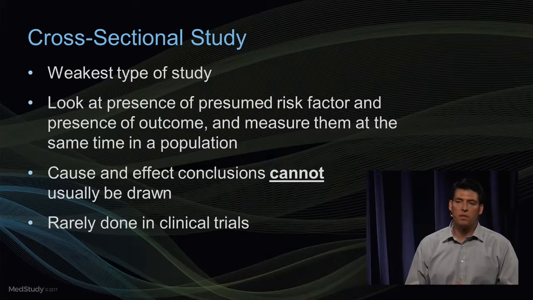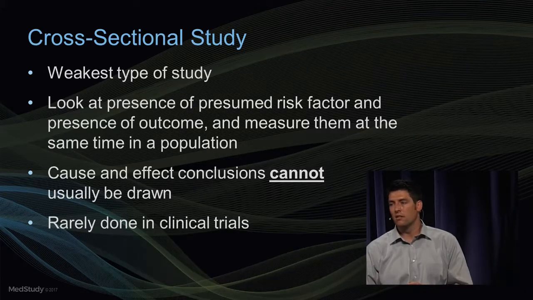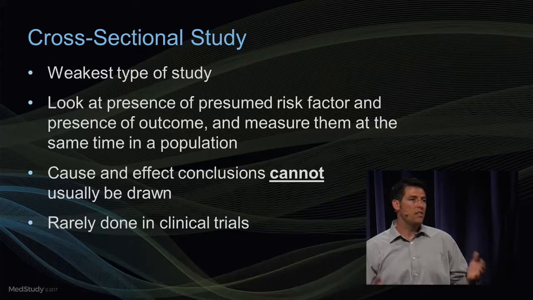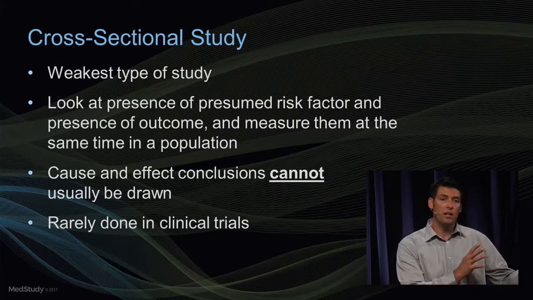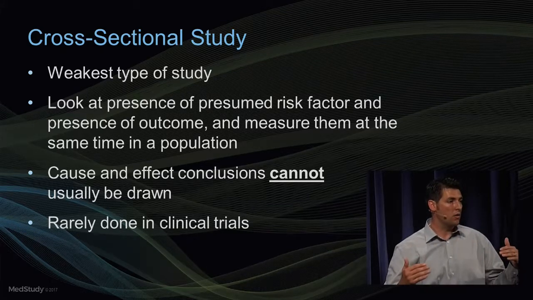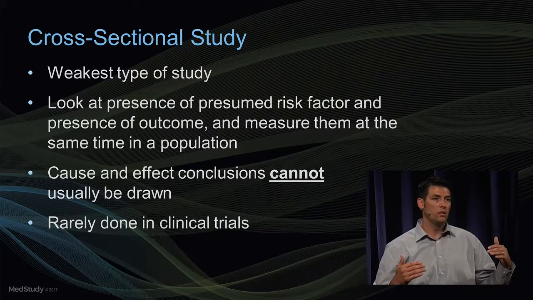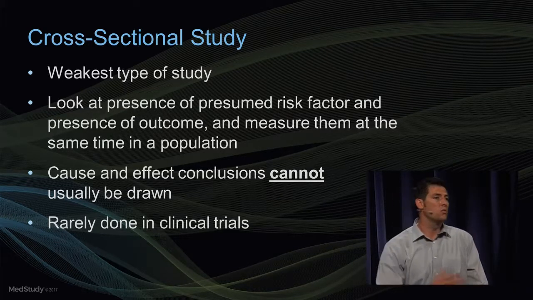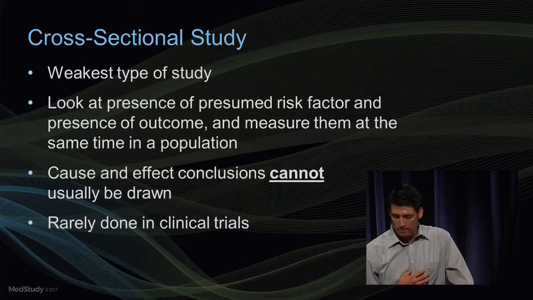And some of the difficulties with these types of designs is there are a host of what we call confounding factors. Things maybe in a patient's history that may be related to the risk factor as well as the outcome that we haven't measured or that we haven't accounted for. Right? So these cross-sectional studies don't deal with those very, very adequately.